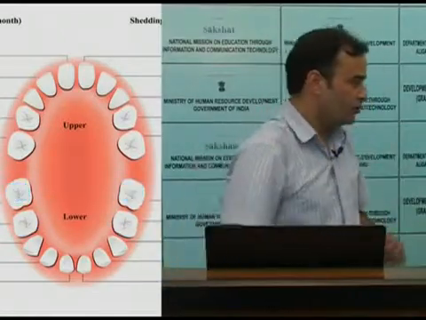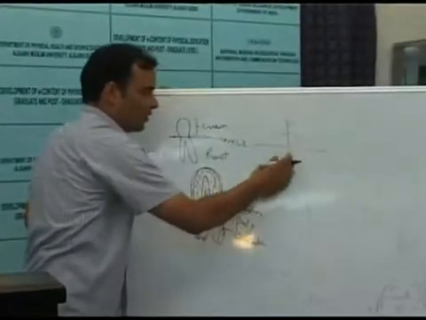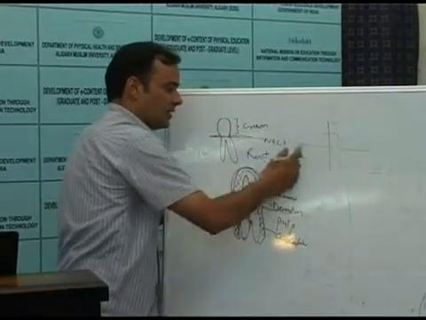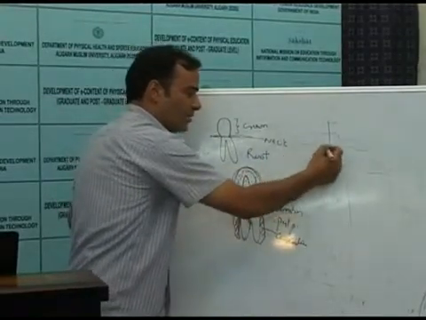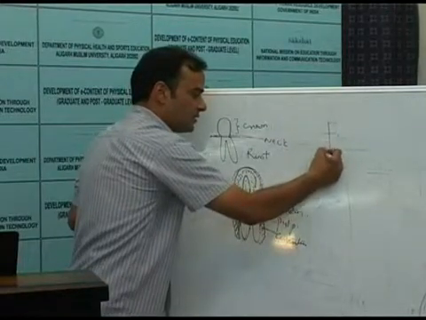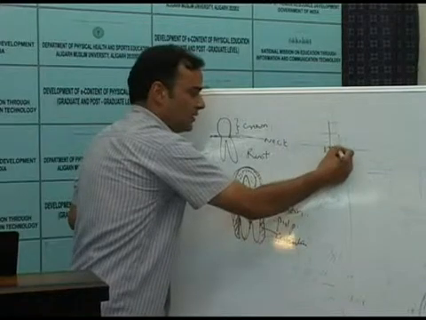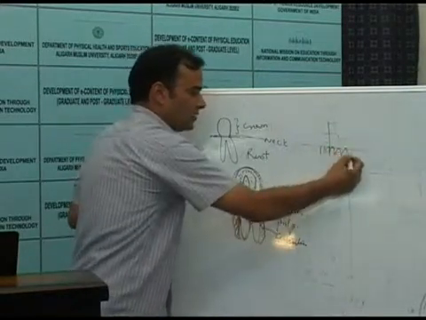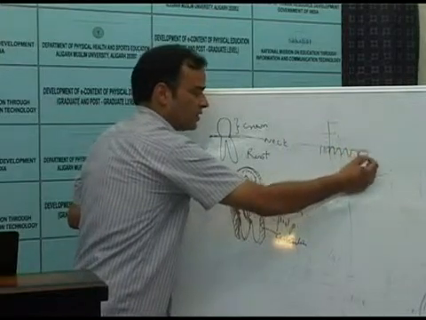Here I can show you, if we divide our mouth into upper and lower portions, this is the right half and this is the left half. So we have first the central incisors, then the lateral incisors, canine, first premolar and second premolar.